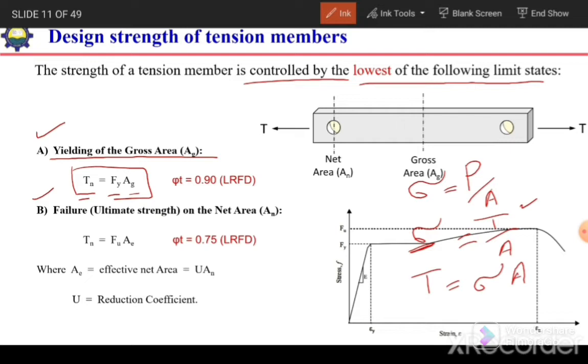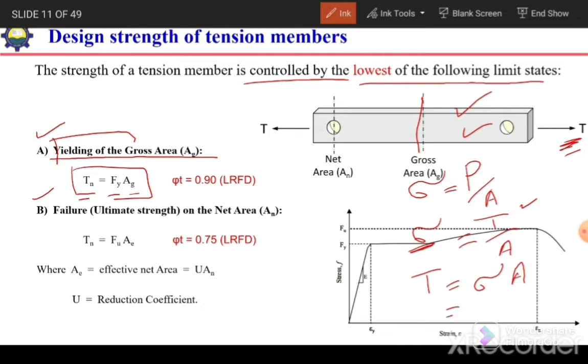But here we want to calculate the maximum capacity of this section, or the maximum load that it can resist. The maximum capacity will be considered if we are considering yielding. In that case, the maximum capacity will be reached when the stress in this member reaches its yield strength. When this member reaches its yield strength, the load corresponding to that will be considered as its maximum capacity corresponding to yielding.